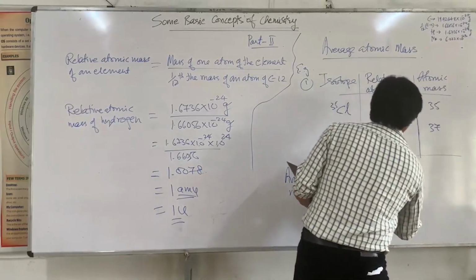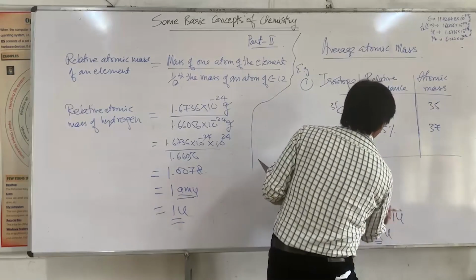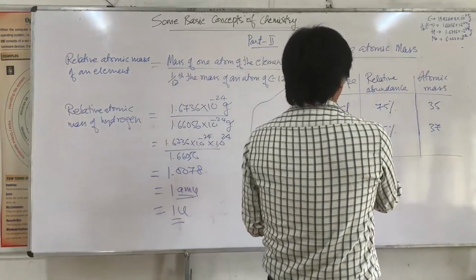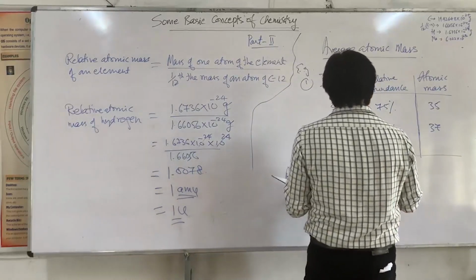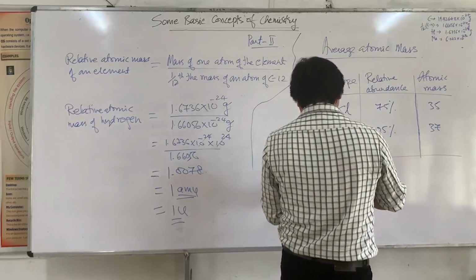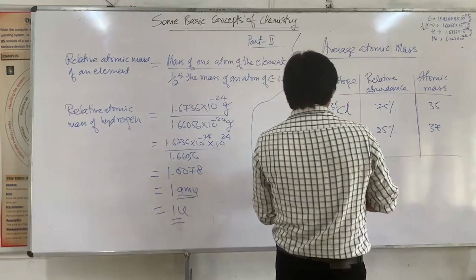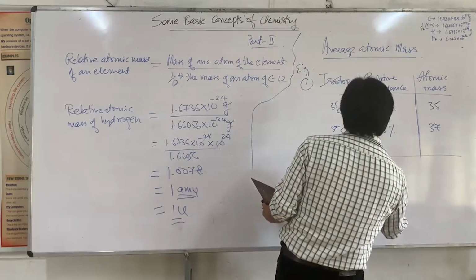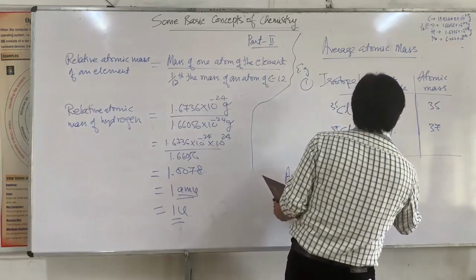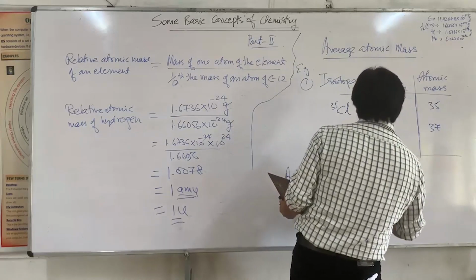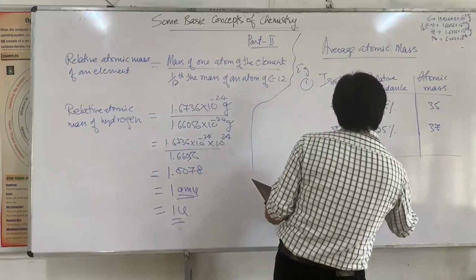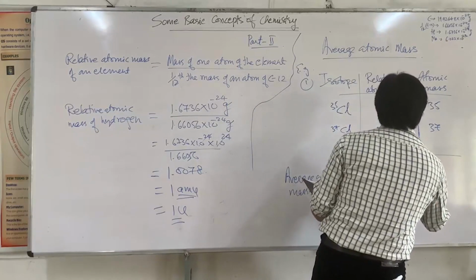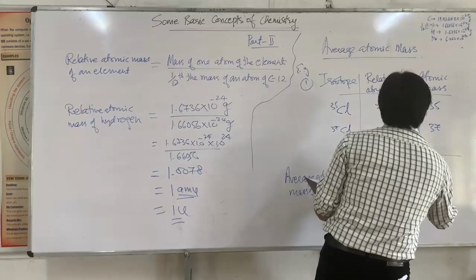and you will get the average atomic mass of chlorine. The atomic masses of the elements that you see in the periodic table are the average atomic masses of these elements. So here it is 75% of chlorine 35, plus 25 by 100 into 37.